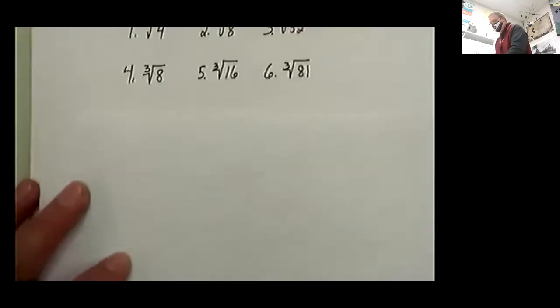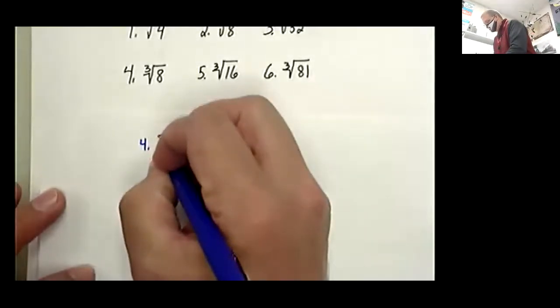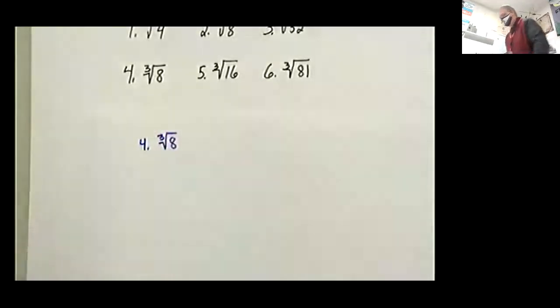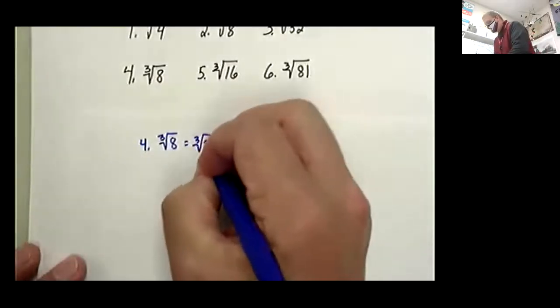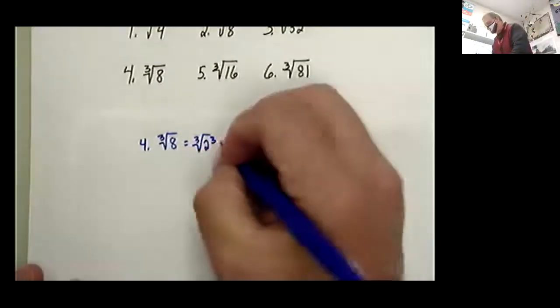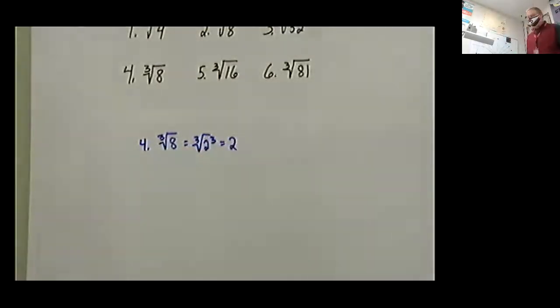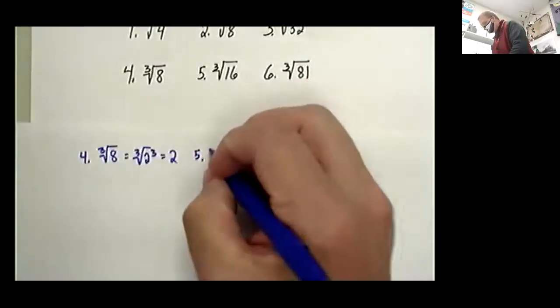So now we have a cubed root, and we know that because the index is now a 3. So what about the cubed root of 8? Well, again, 8 is 2 cubed. Because the index and the power are the same, that just makes it 2. What about number 5? Cubed root of 16.